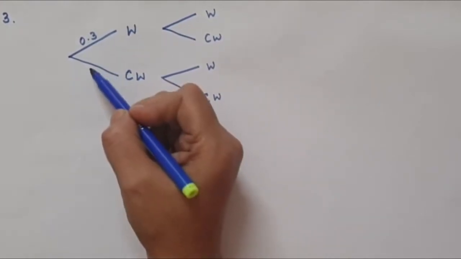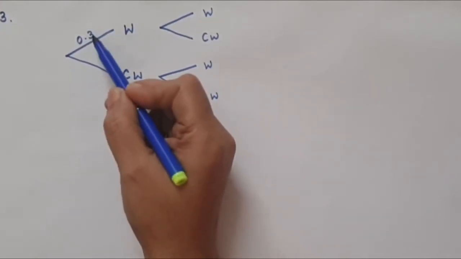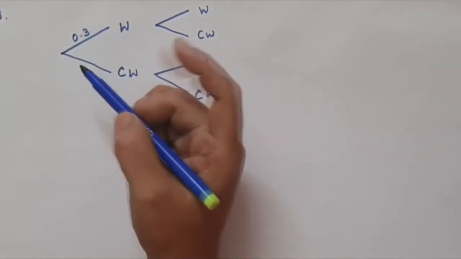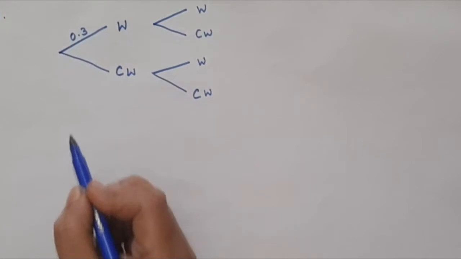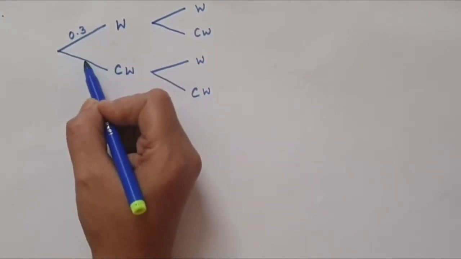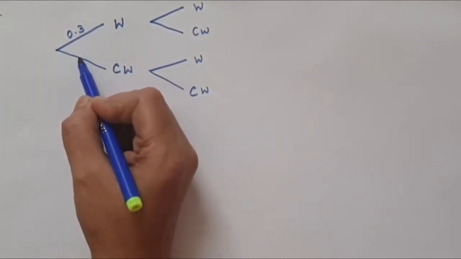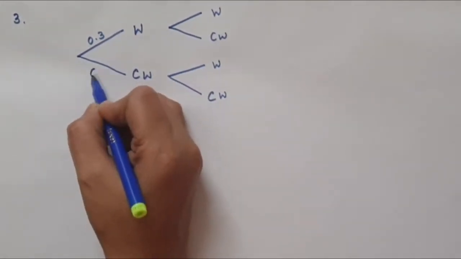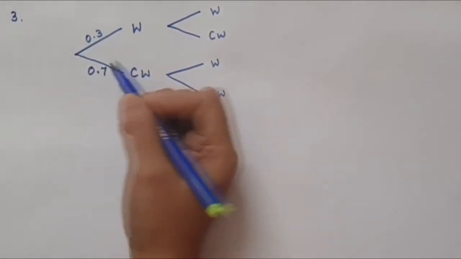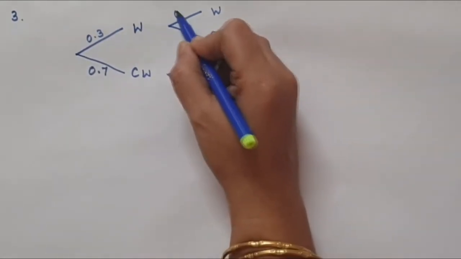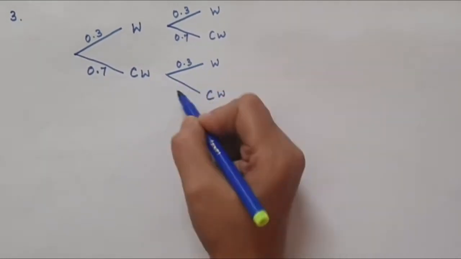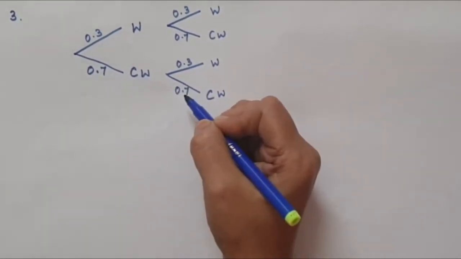Always remember that these 2 branches will add up to 1, because the certainty that one of the 2 events will happen is 1. So this branch and this branch will add to 1. So 1 minus 0.3 will give us 0.7. Here again it is 0.3, and this will be 0.7.